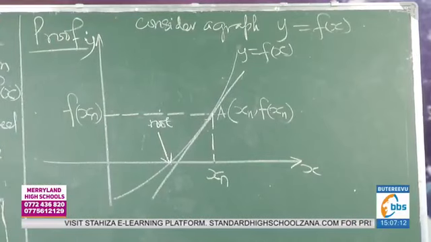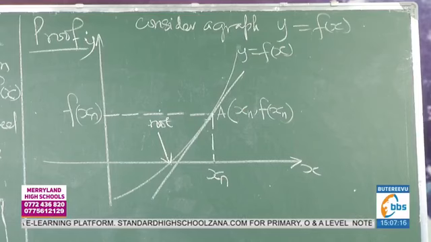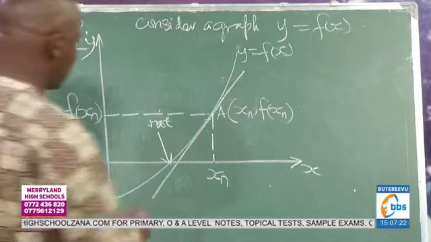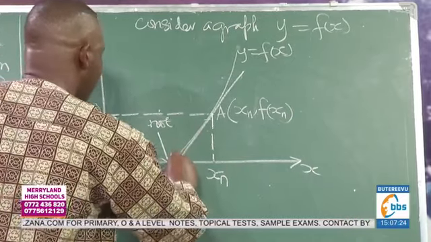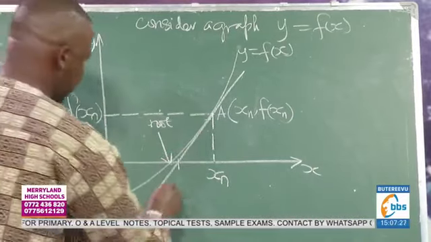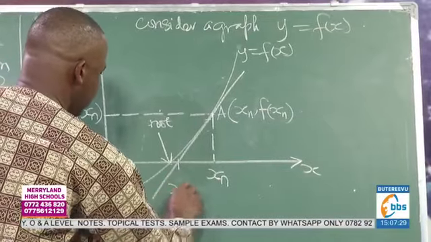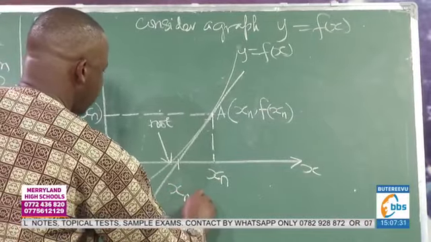I want you to pay attention to this sketch. I've already indicated where the root lies. And the next approximation would be considered to be at a point where this tangent cuts the x-axis. And we shall call this xn plus 1.